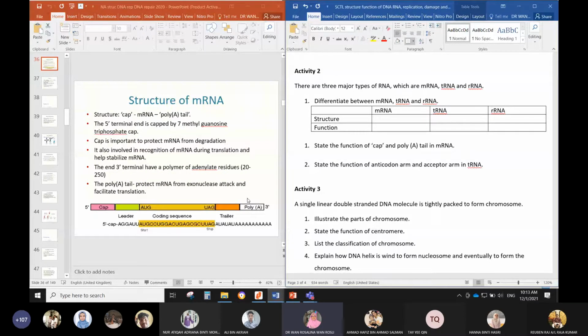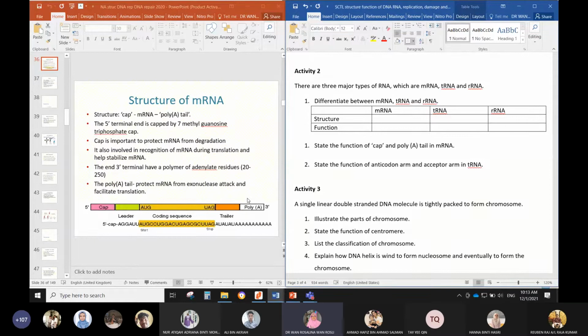Okay, and also your cap. Because you will look after this, these nucleases have certain properties whereby they would either degrade from the 5' or degrade from the 3' end. So your 5' cap would actually protect from certain nucleases, and then the poly A tail would actually protect from other nucleases.